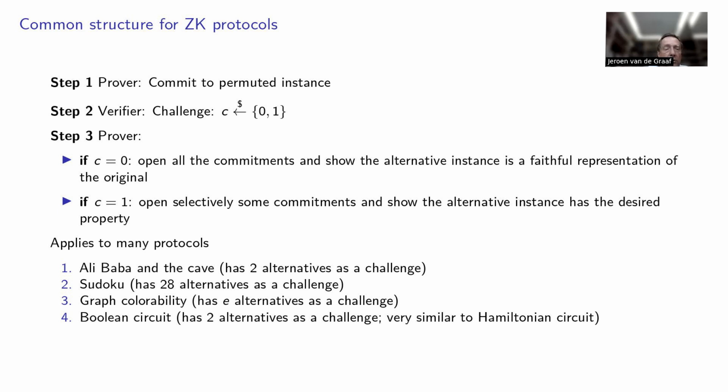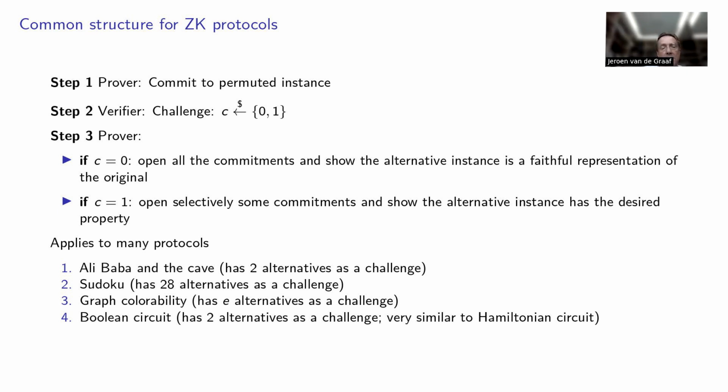There's another famous one, the Sudoku zero knowledge. I find it slightly more difficult to understand because there are 28 alternatives in that case as a challenge. There are like nine alternatives for 3 different properties, and you also need to verify the original encoding. I do find these examples somewhat confusing.